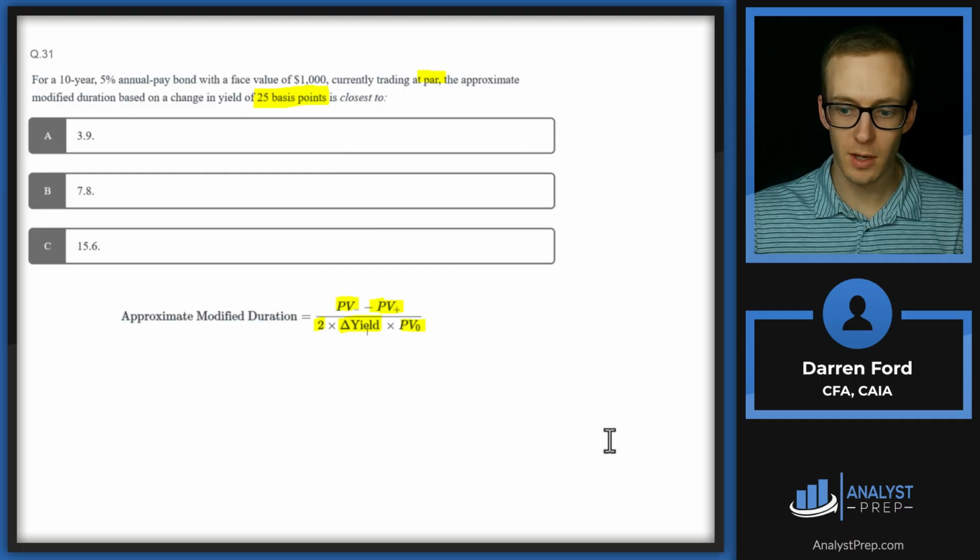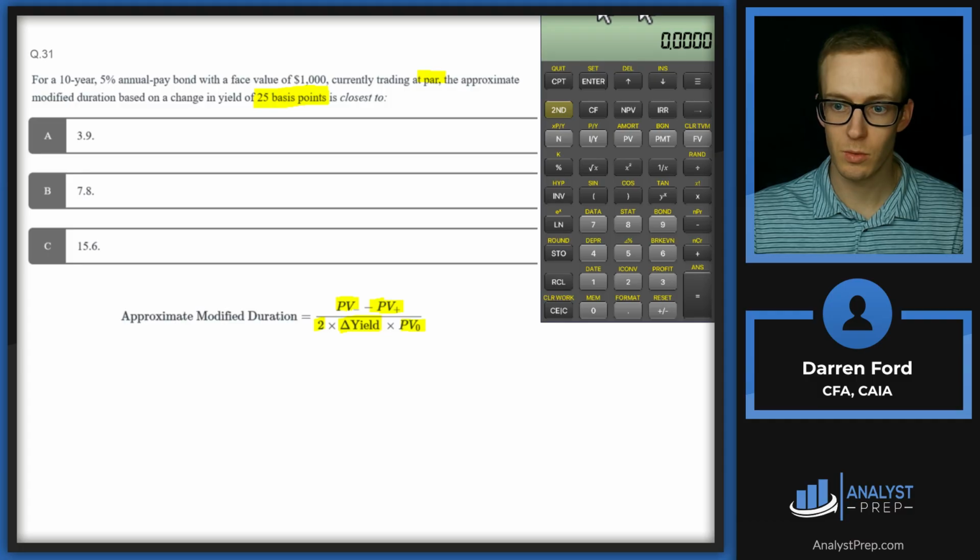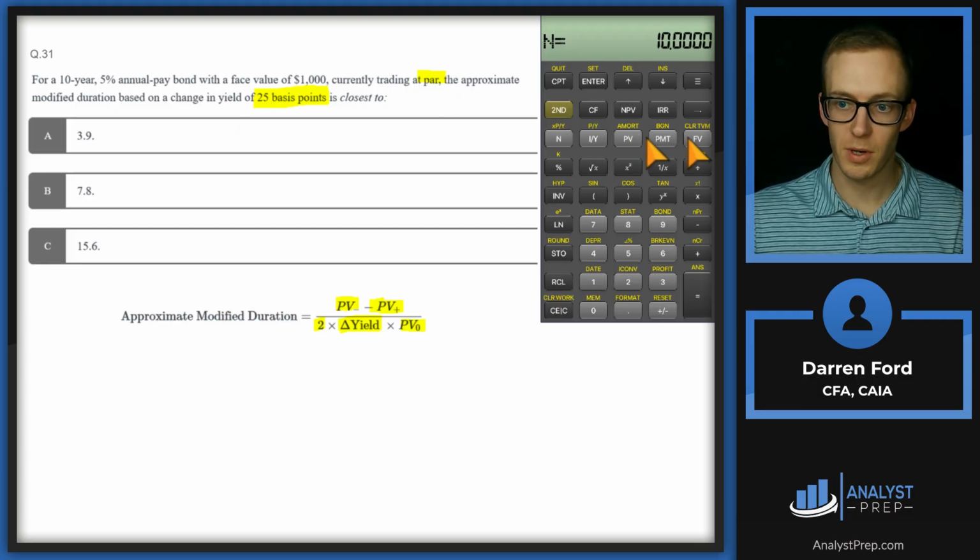So we're going to pull up our calculator and plug in these numbers to calculate the price of the bond under these two scenarios. Our N is going to be 10 for the 10-year bond. Our present value is what we're solving for.